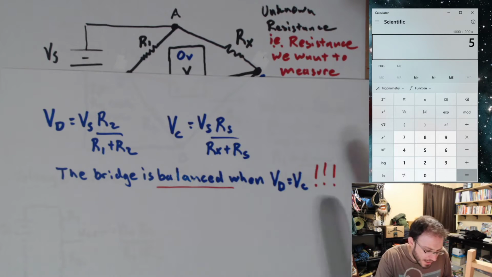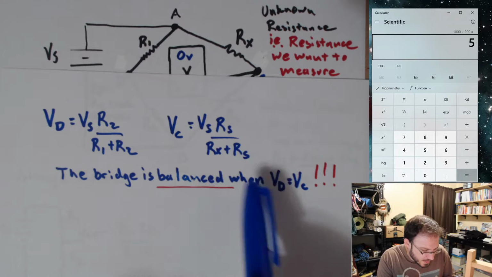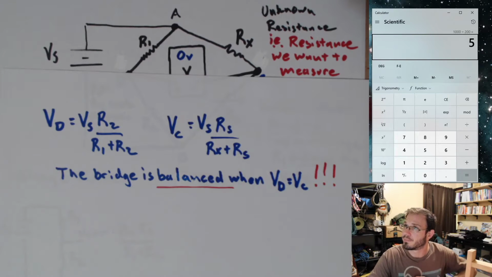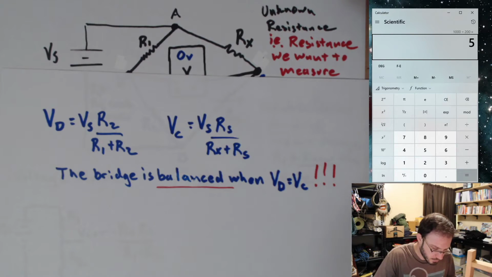Okay, so it is balanced when both voltages are equal to each other. Now, that means let's set both of these equations equal to each other. Let me do this in black.